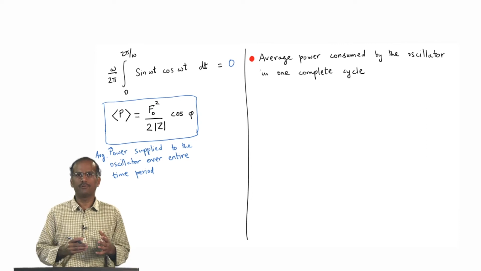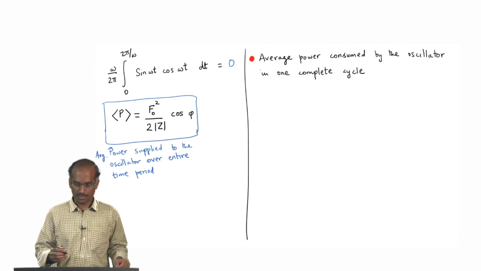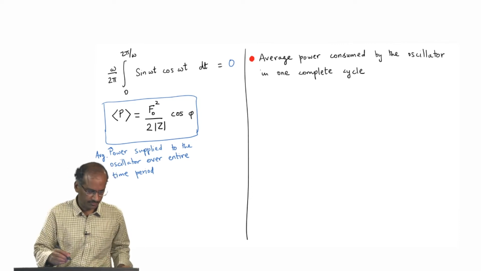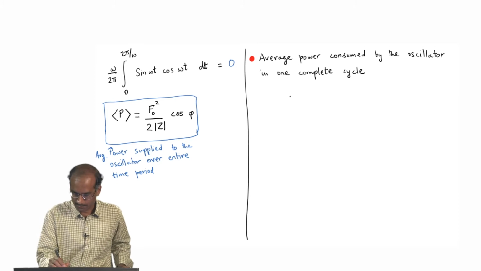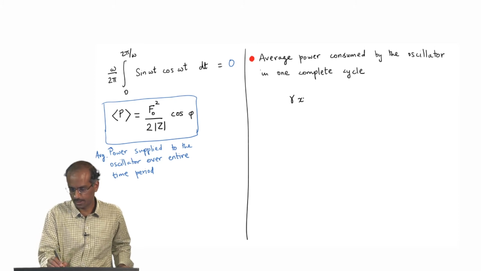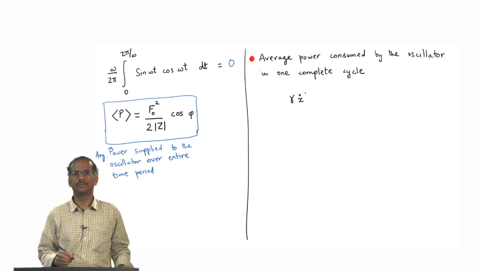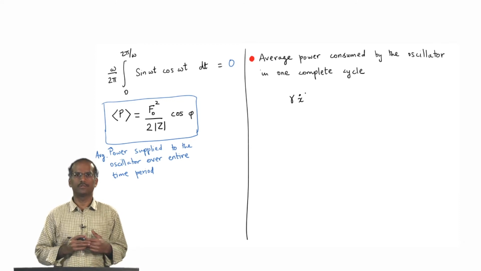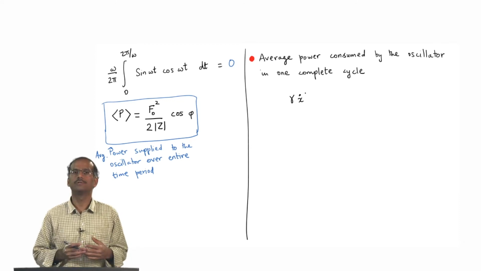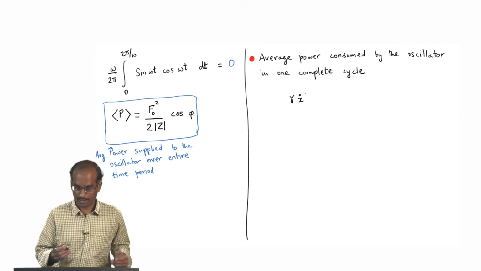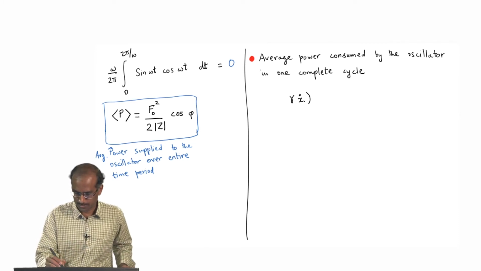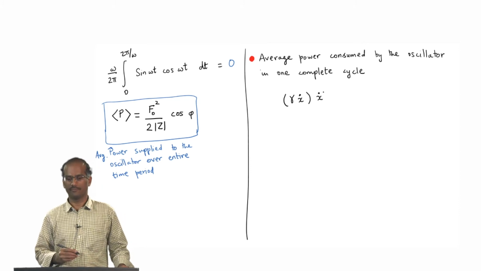So, essentially what I want to know is what is the rate of doing work against the friction. That will involve the frictional force, and we know what the frictional force is. The frictional force here is gamma x dot, and I want to know what is the rate of work done against the frictional force. So, that will be this multiplied by velocity.